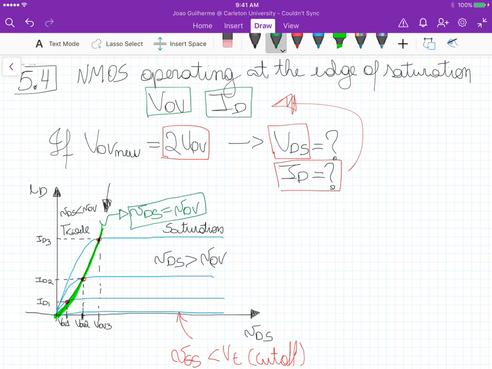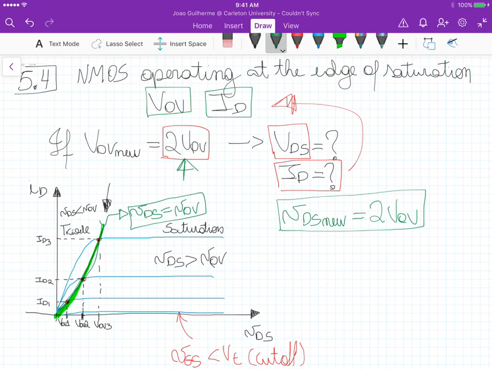So if we want to keep operating at the edge of saturation with this new value of overdrive voltage, we need to increase VDS. So VDS new has to be equal to 2 times the overdrive voltage that we had before, because then we stay on this green curve here.